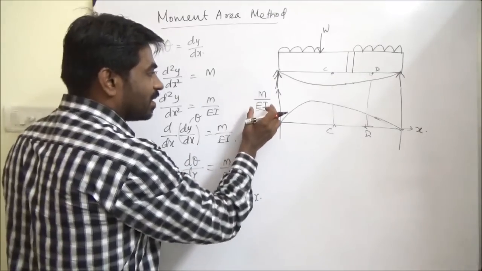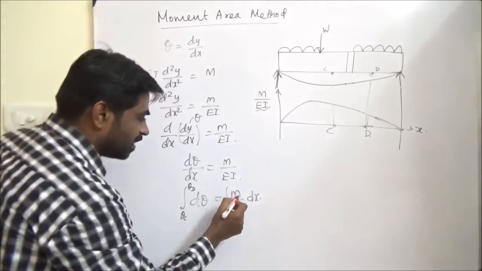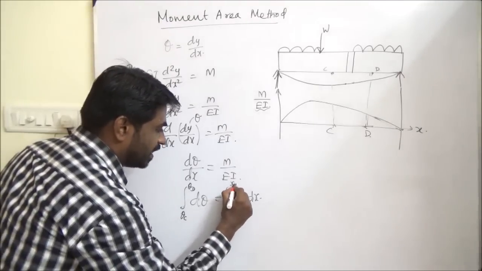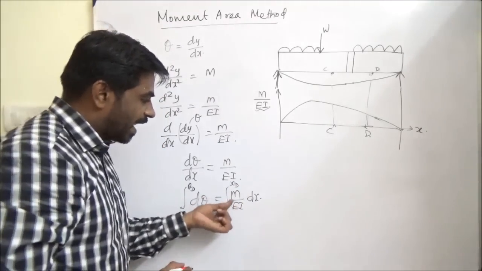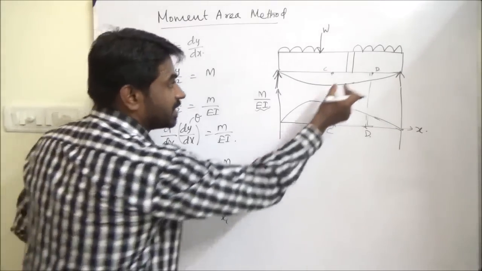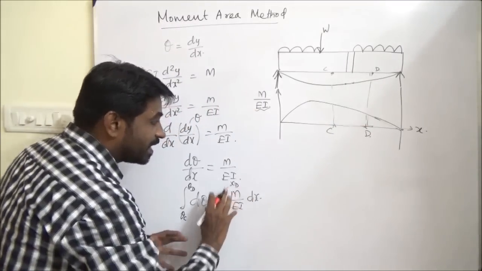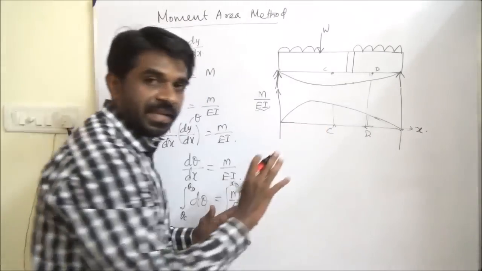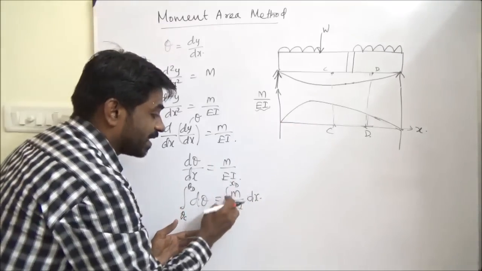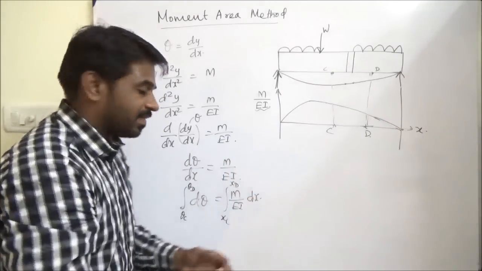So then if we have this as our ordinate axis, see this, C to D, M by EI into dx for the small distance. This when integrated between C and D, the whole area we are getting, this is Y and this is X, so we will get the area.